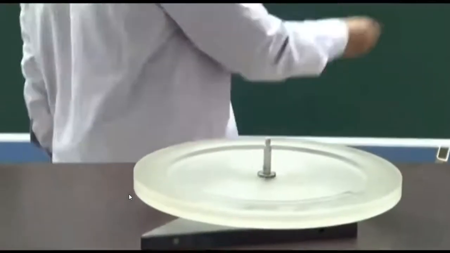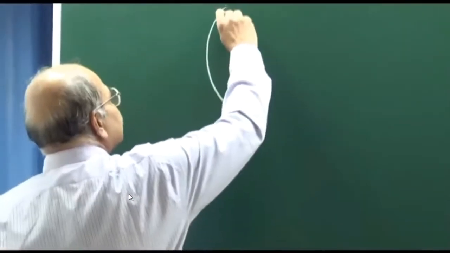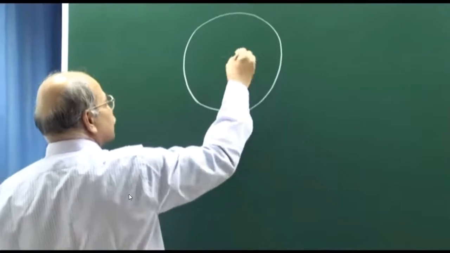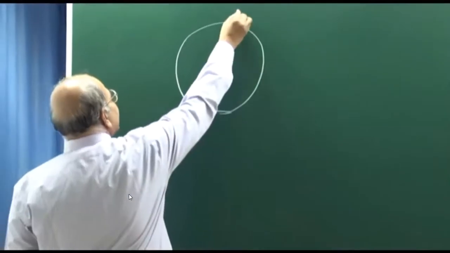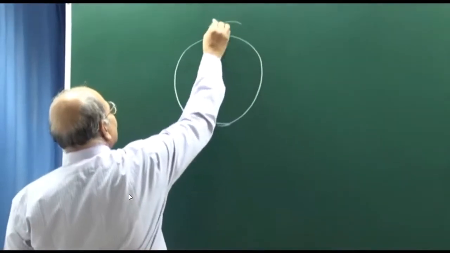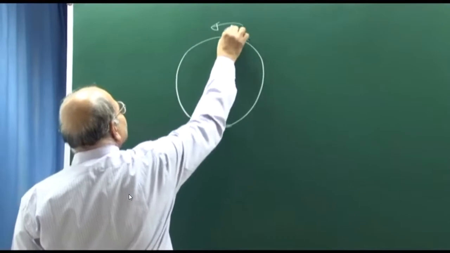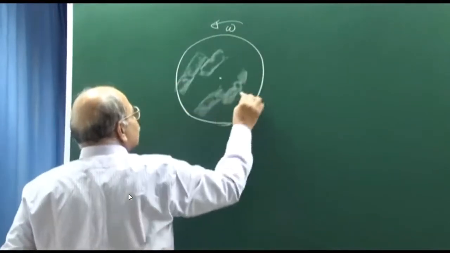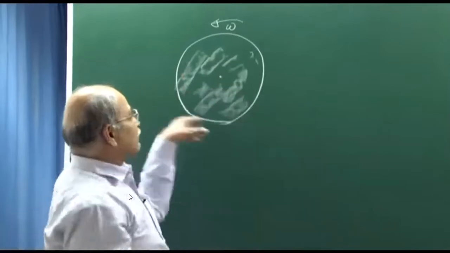So, if I draw the diagram, let us say this is that disc, and here is the axis of rotation of this disc, and it is going with some angular velocity omega. So, this whole disc is rotating in the lab frame.